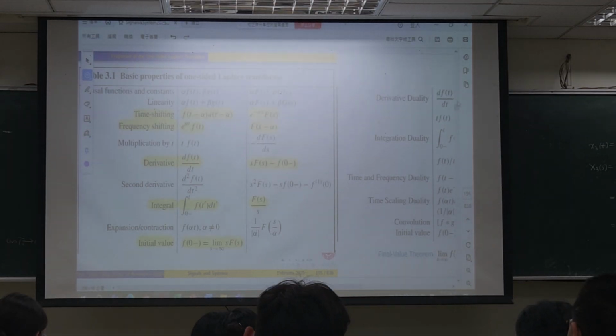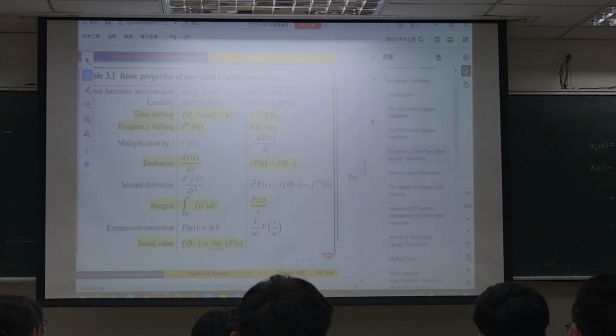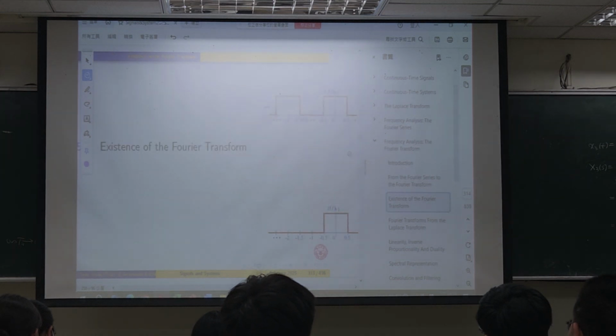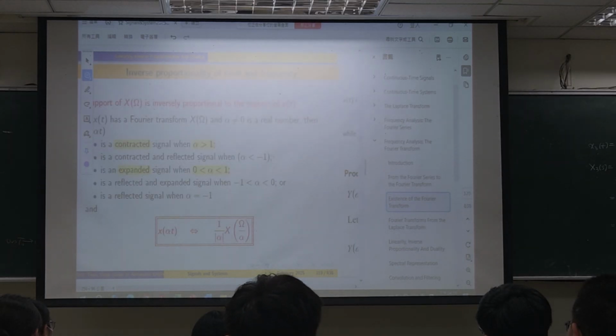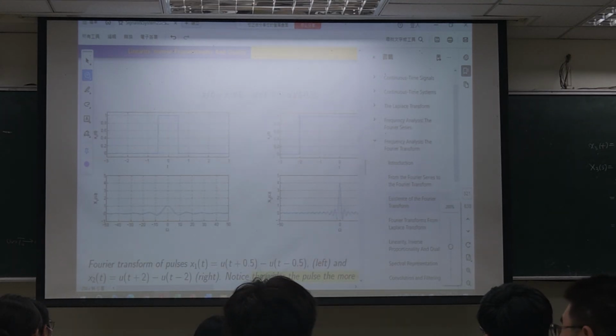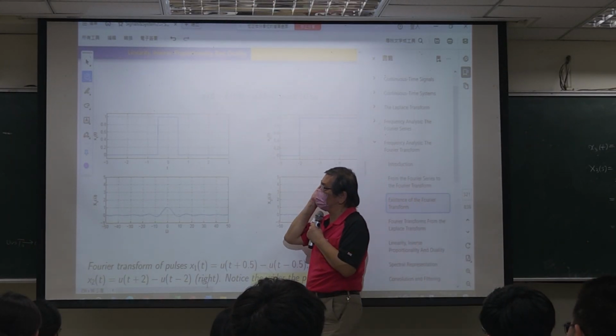Let's look at the example in the Fourier transform. Maybe it's much better. This is one example taken from the book directly. Look at the figure on the left side.